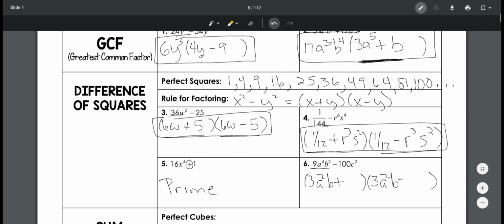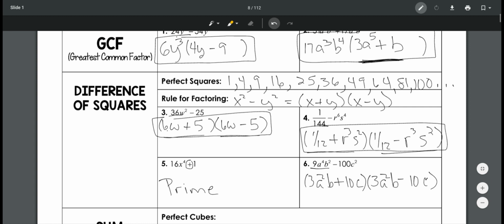Now, I'm going to take that last term, 100c squared, and break it down into 10 times 10. Divide the exponent by 2, so c squared. When you divide 2 by 2, you get 1. Now, if I were to multiply those back together, I go right back to 100c squared.